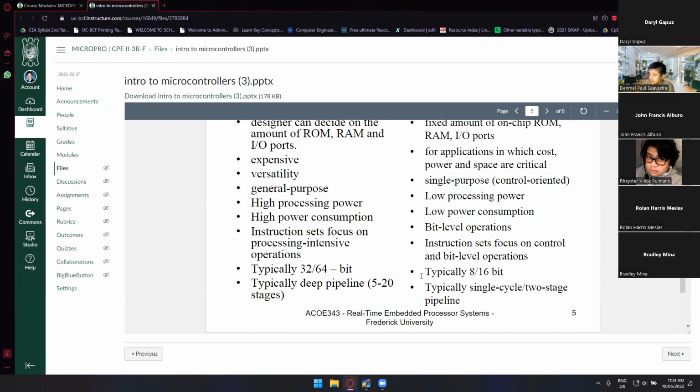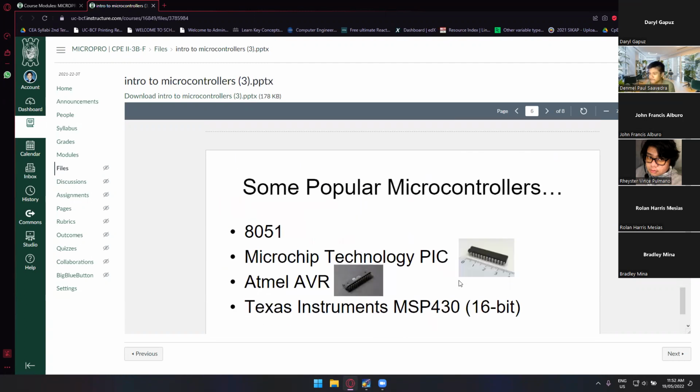While on the other hand, since this is a smaller device, this one can only take up to 16 bit, so it's either 8 or 16 bit. And this one is typically a single cycle or two-stage pipeline only. Sometimes it's just to send, and if it's two-stage, then to send and then to receive. As simple as that.